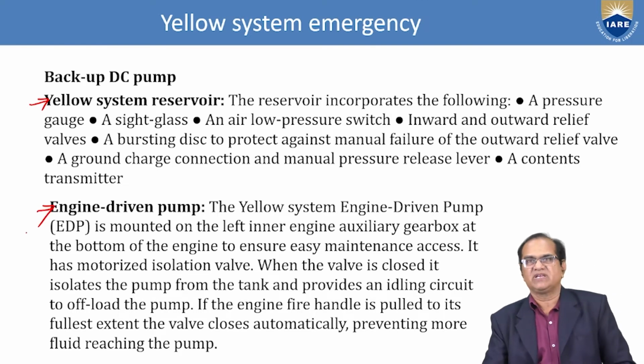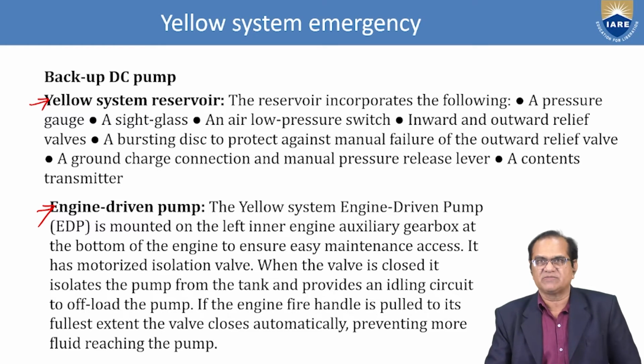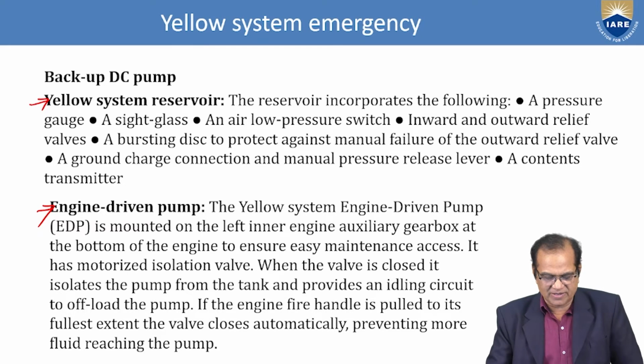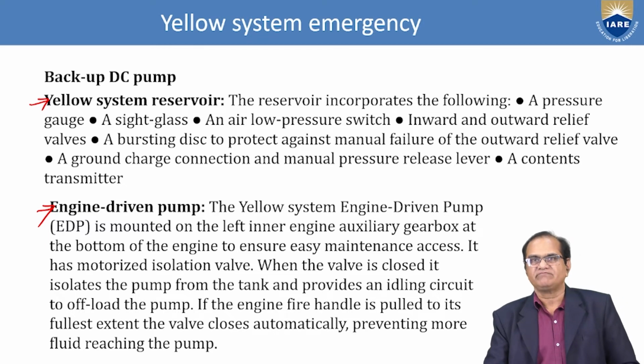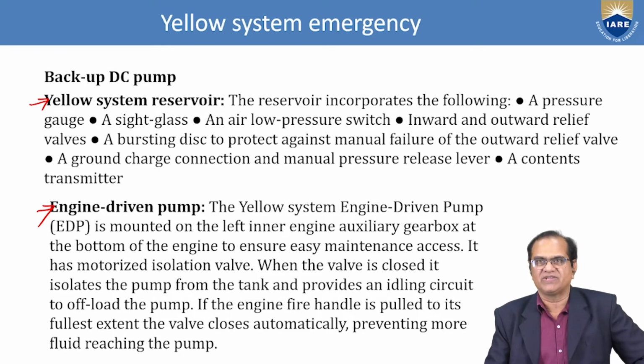So the next component is the engine driven pump. It is called EDP. The yellow system engine driven pump is mounted on the left inner engine auxiliary gearbox at the bottom of the engine to ensure easy maintenance access. It has a motorized isolation valve. When the valve is closed, it isolates the pump from the tank and provides an idling circuit to offload the pump.